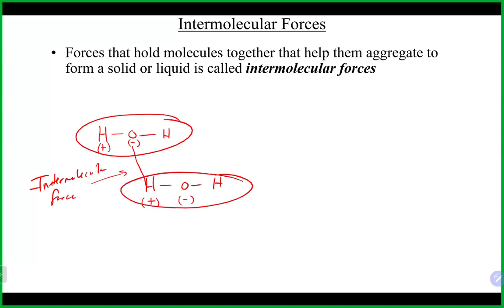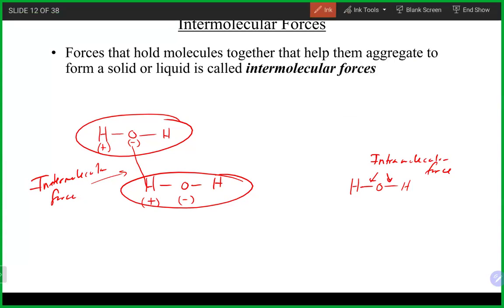And once again, intramolecular forces would be the actual bonds in one water molecule between an oxygen and hydrogen. Now, intermolecular forces are always much weaker than any intramolecular force. That is because if it was the opposite, we would have trouble. And logically speaking, it is not the opposite.